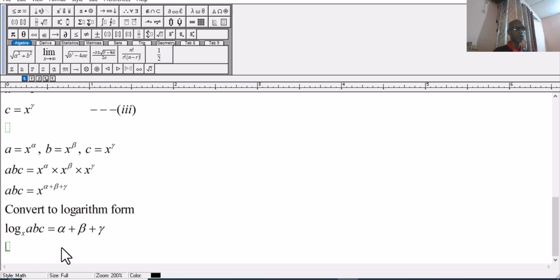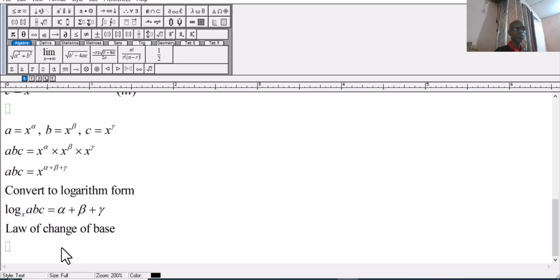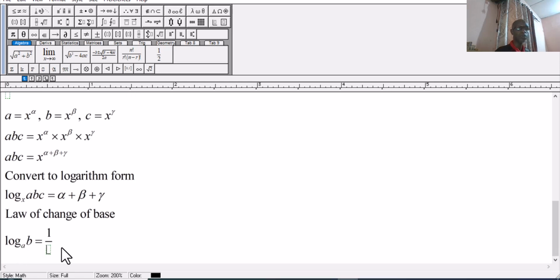So there is a law, and that law is the law of change of base. In that law, it says that log a to base b is the same thing as 1 over log b to base a.